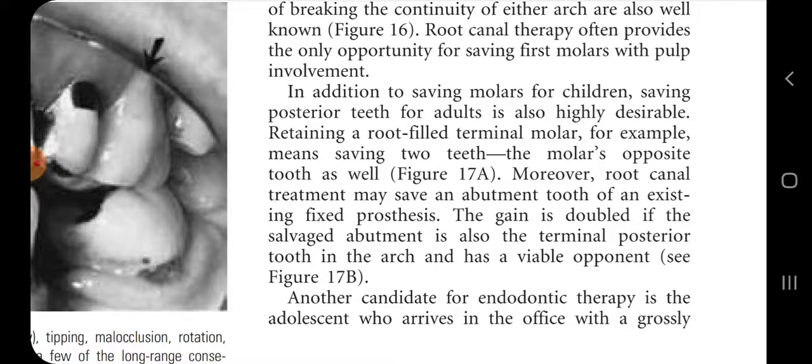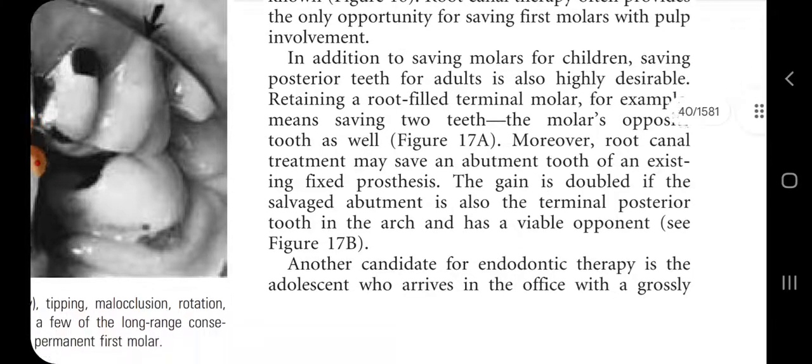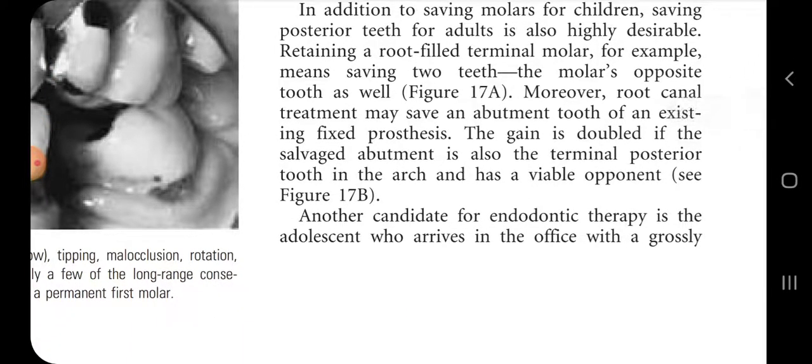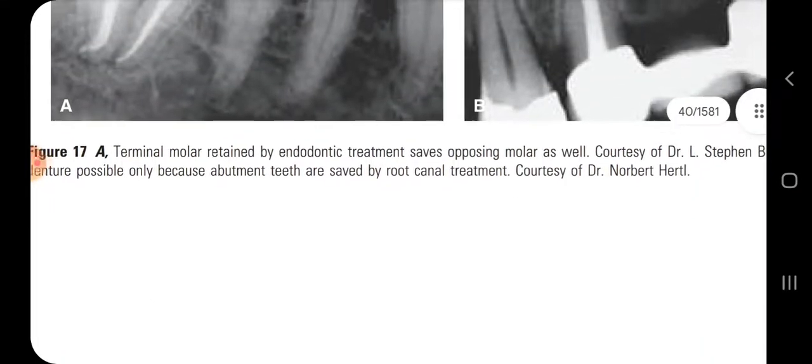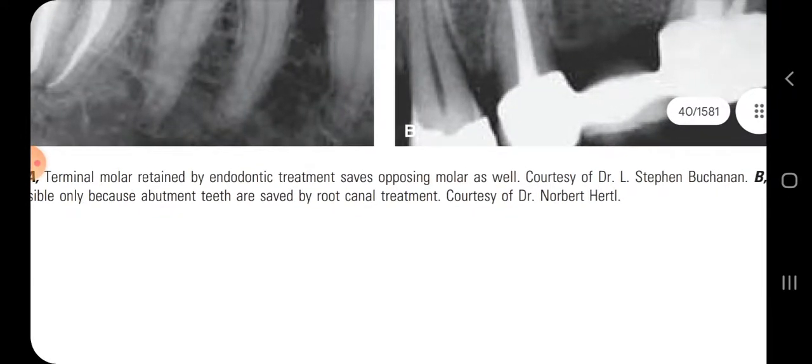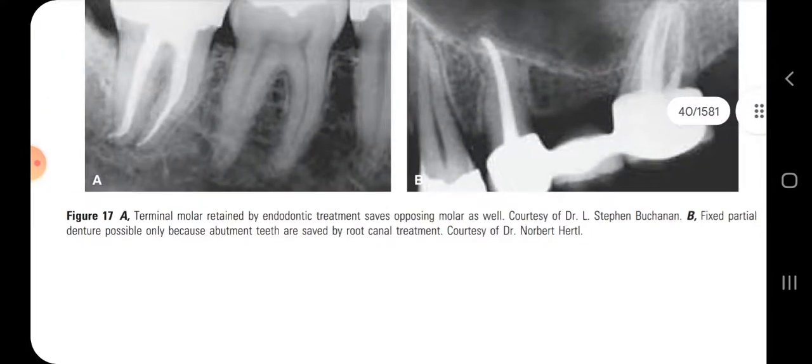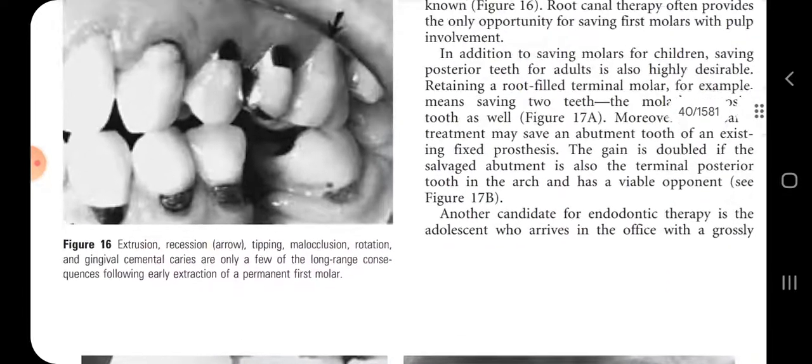You can see in figure 17b, the opposite tooth is also saved by root canal treatment.